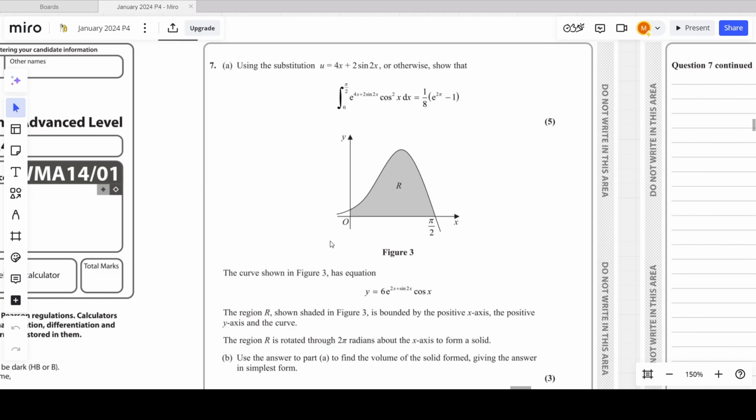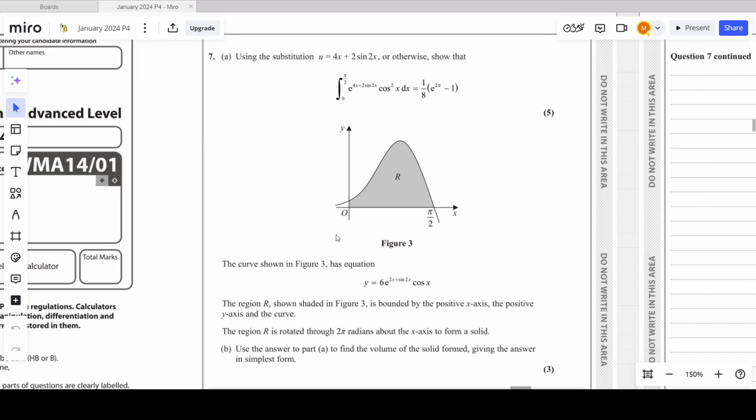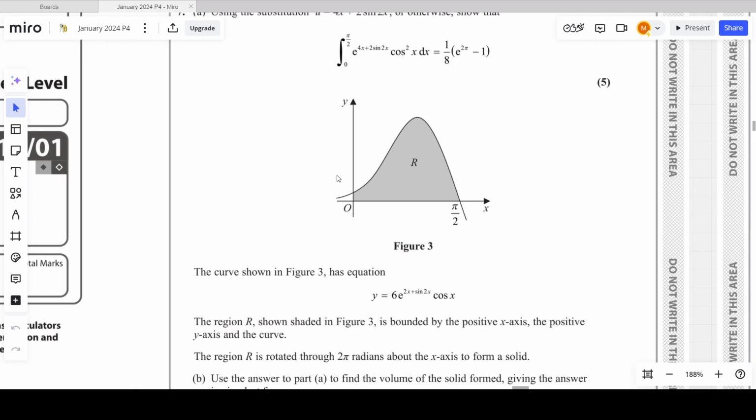To be more specific, the topics behind this question are the integration by parts rule, and also volume of revolution, how to find the volume of revolution using integration. It combines these two rules. So let's get started. Question number 7, part A.